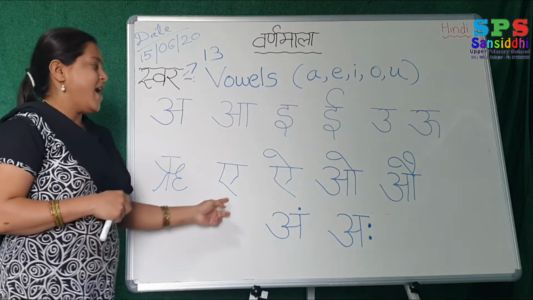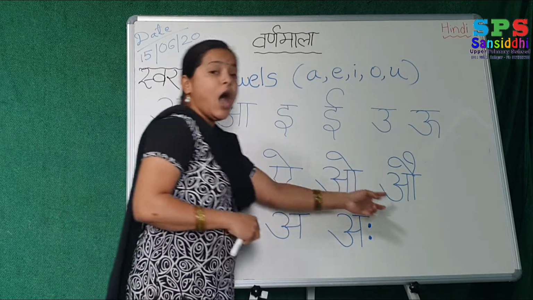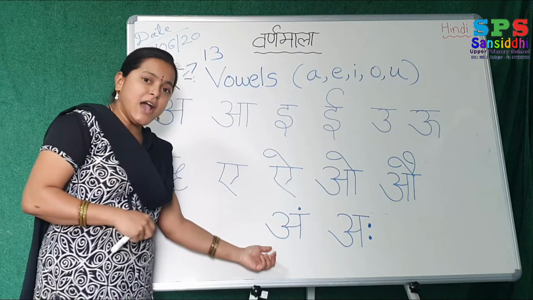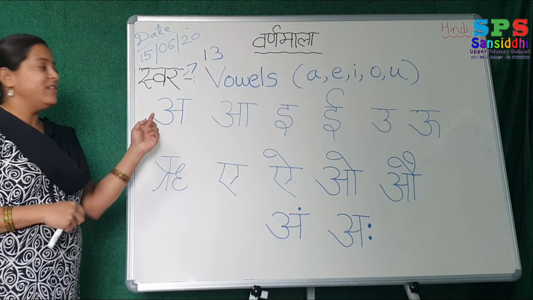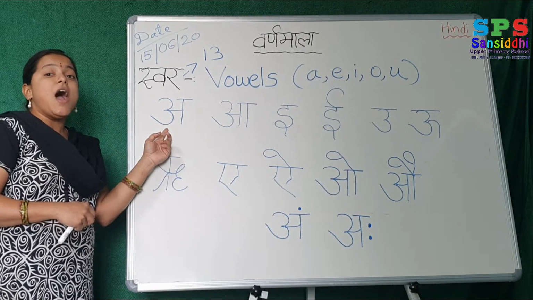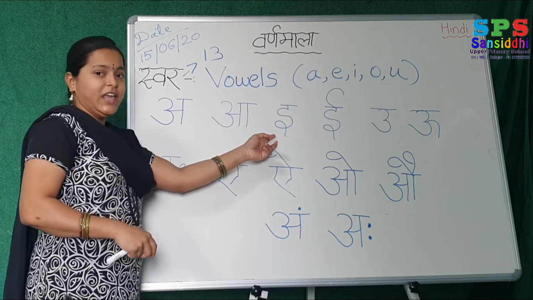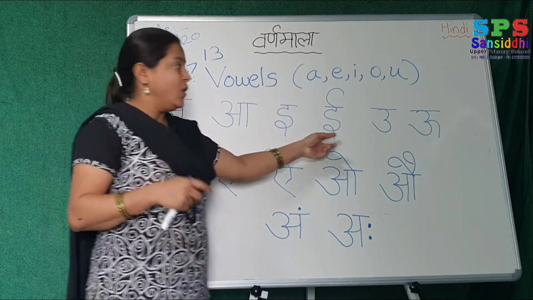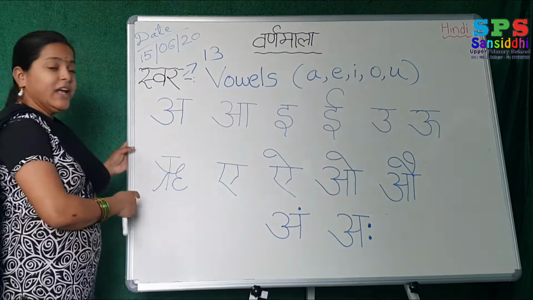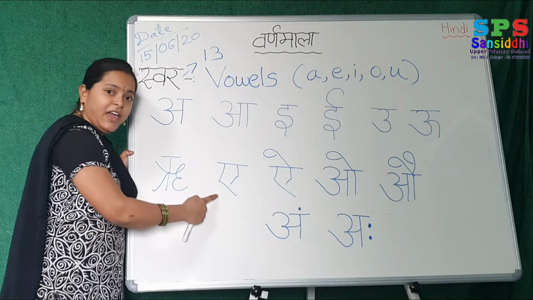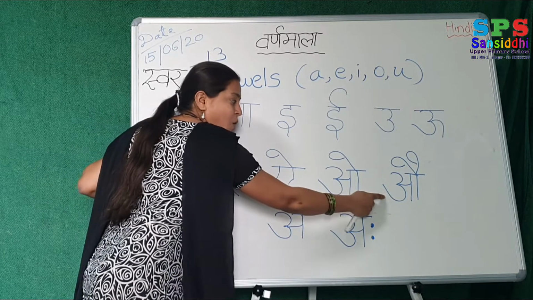A. I. O. Ow. Aha. Next, once again. What is this letter? A. E. U. Oo. Re. A. I. O. Ow.